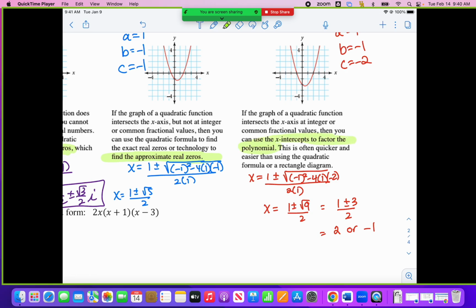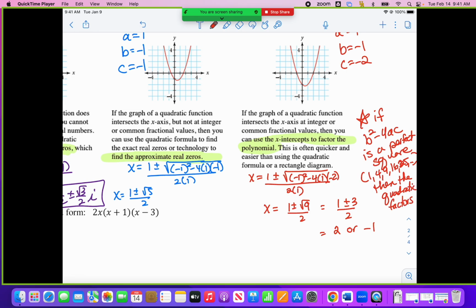So, here's a big idea I need to mention to you. If b squared minus 4ac is a perfect square, and a perfect square is like 1, 4, 9, 16, 25, etc., then the quadratic factors.